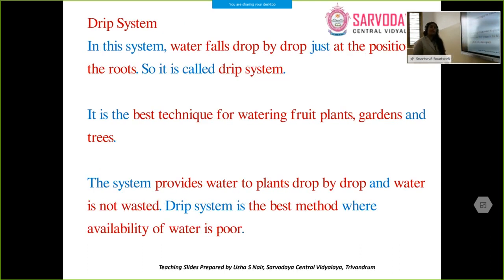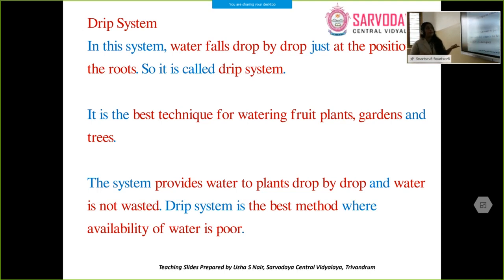Now we go to another modern method of irrigation, that is the drip system. You have to know this, because questions can come up like this: mention two modern methods of irrigation. One is the sprinkler system and one is the drip system. Then an add-on question can come, like, explain the drip system. It's not difficult, it's very easy.